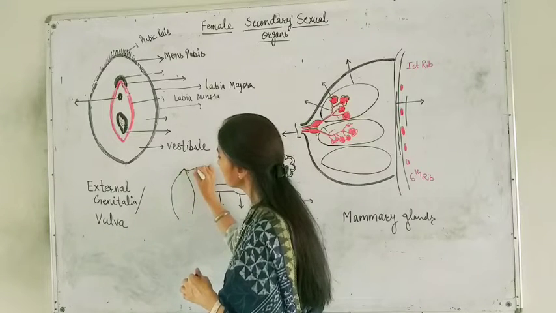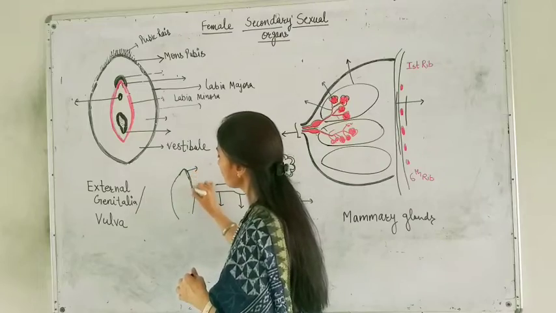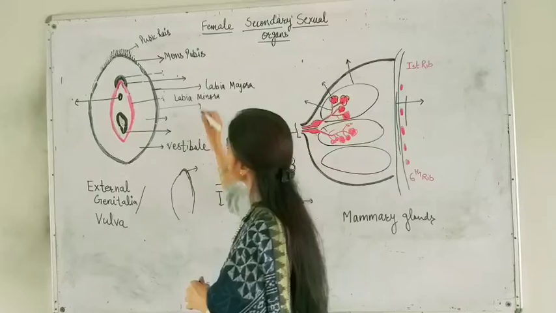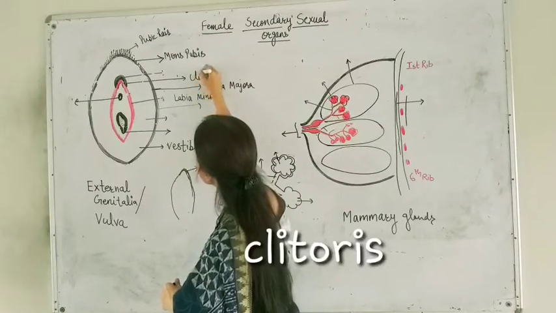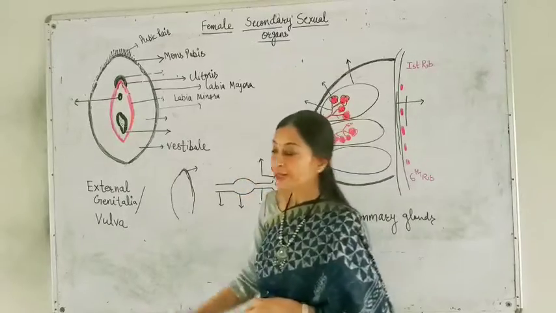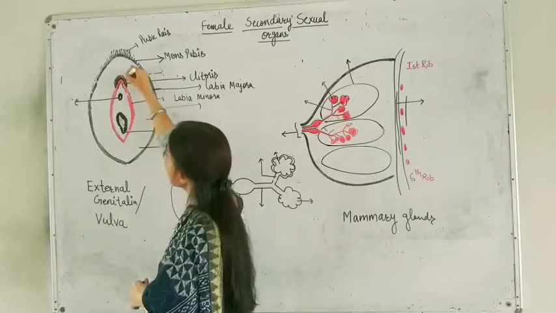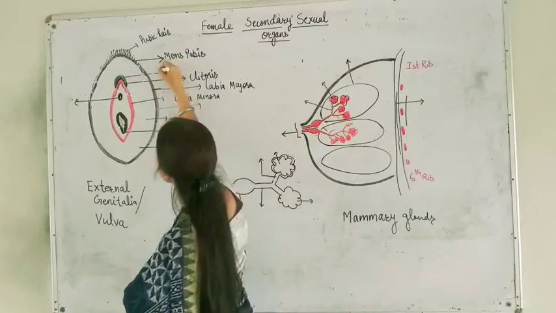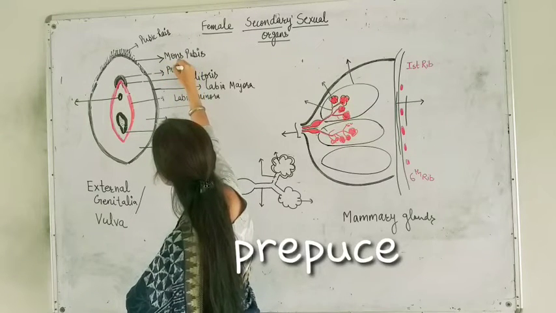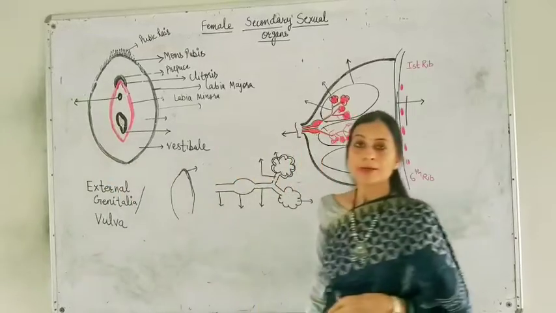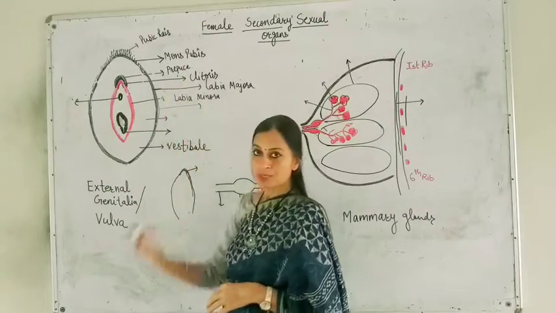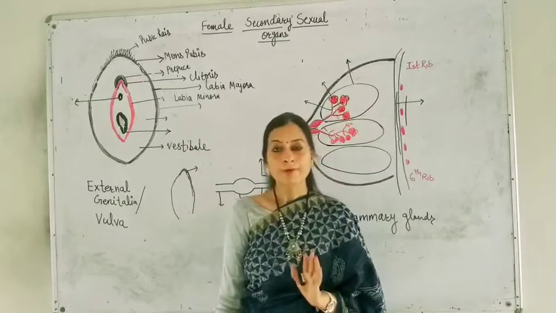This triangular structure is known as the clitoris. The clitoris is also covered by a flap of skin known as the prepuce.